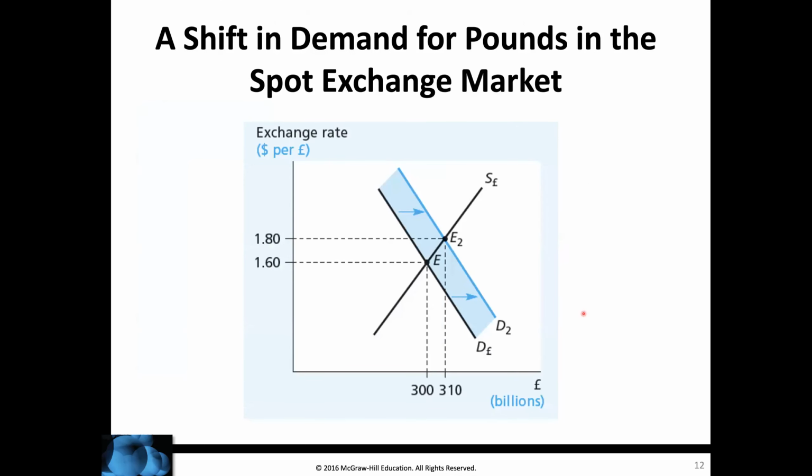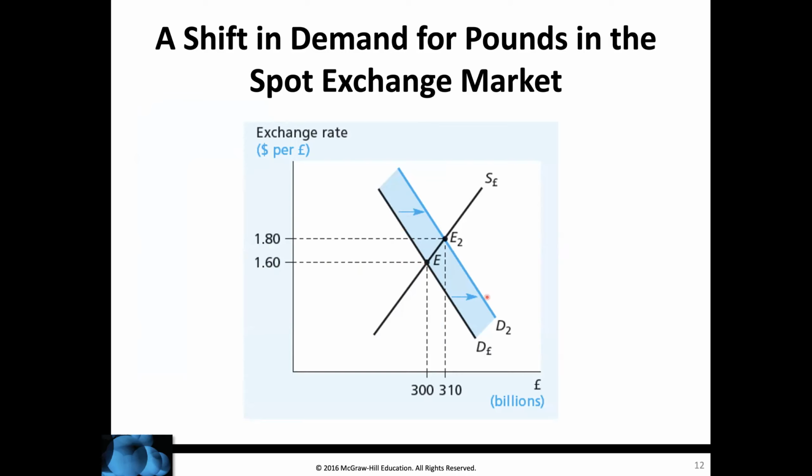Here we see a shift in demand for pounds in the spot exchange market. And you can see again, we're looking at dollars per pound. Equilibrium is typically here at point E. So instead of a manipulation by the government per se, there can be an actual shift in the demand for British pounds.